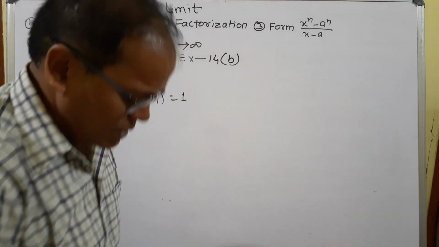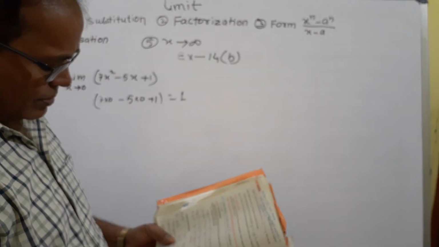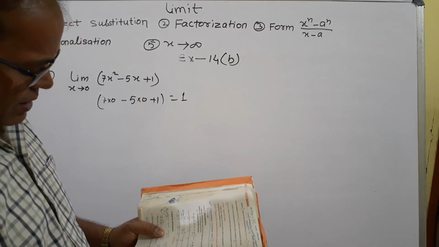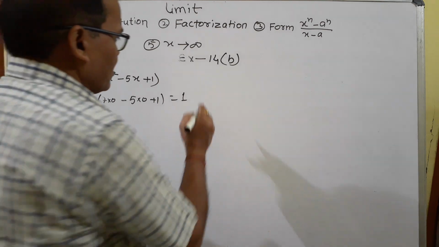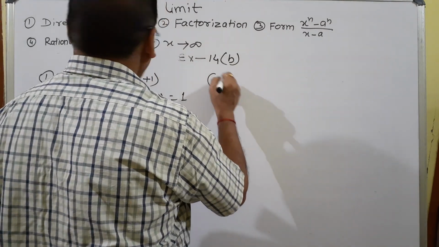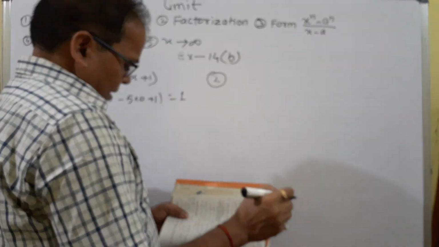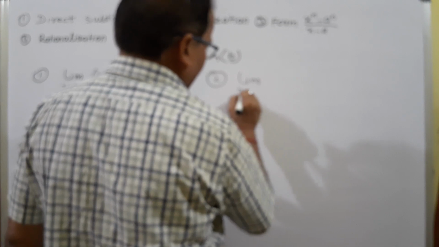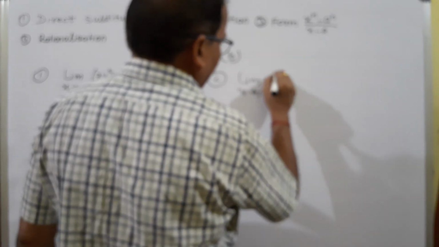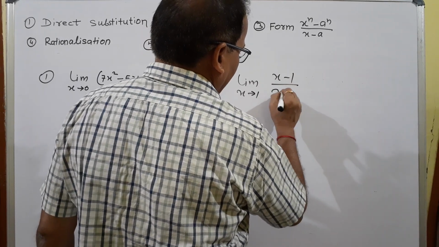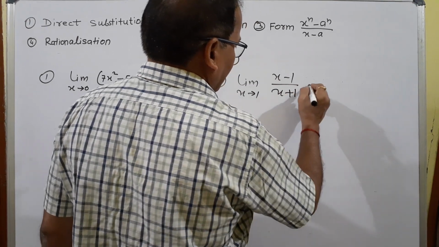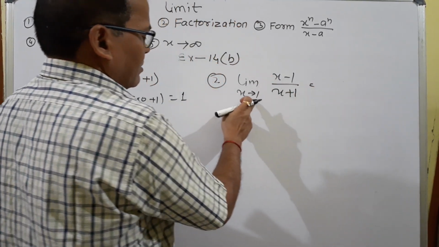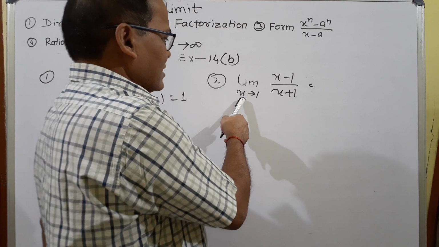Again, a different type of question is here also. Question number 2: limit x tends to 1, x minus 1 by x plus 1. Here, if we put the value, we just have to check. x is equal to 1.